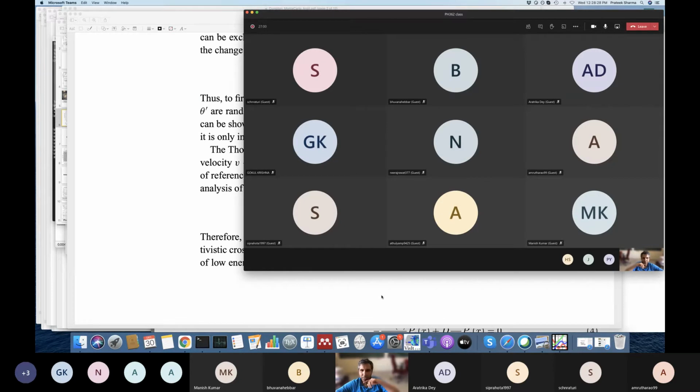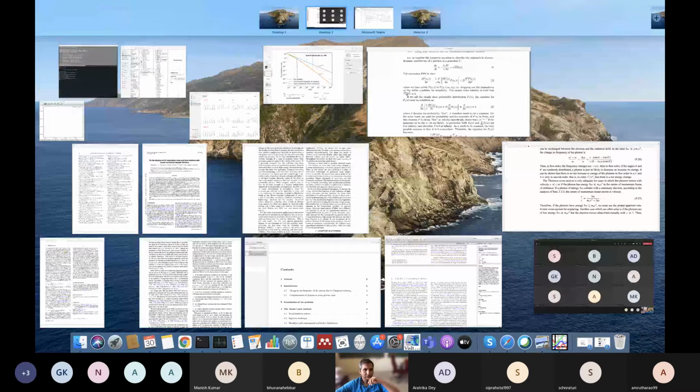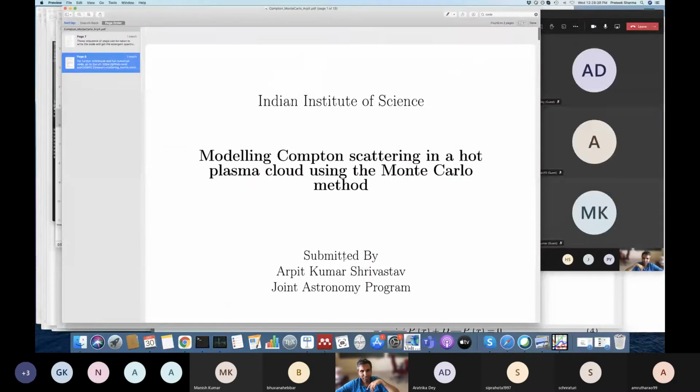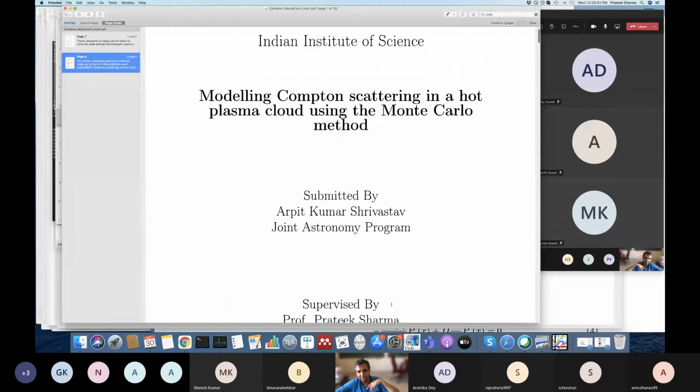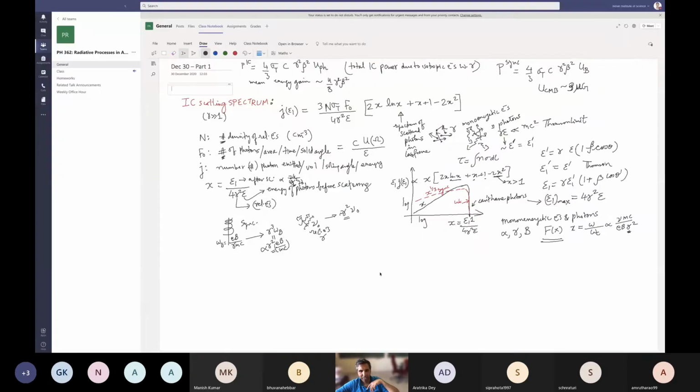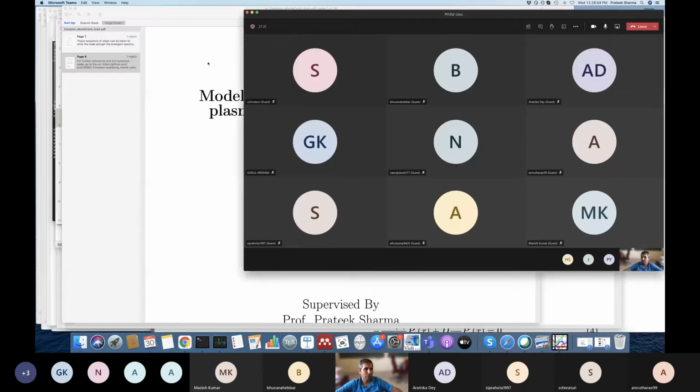Okay, so what did I want to show? I have put some material in the files section, under general.